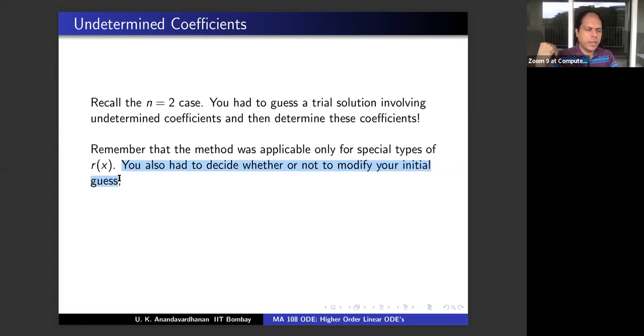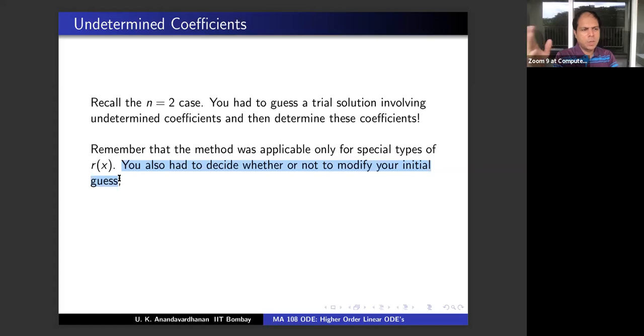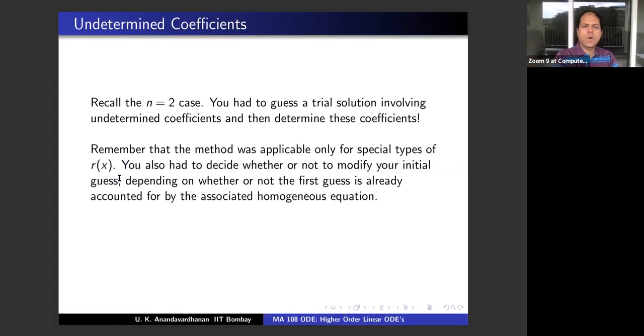No, it will stop. Why? The homogeneous equation has dimension n, with n linearly independent solutions, so multiplying up to x power n minus 1 is enough. After that you don't have to. So it's a good method, depending on whether or not the first guess is already accounted for by the associated homogeneous equation.